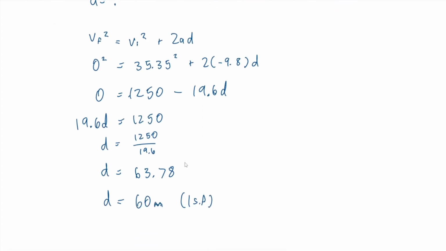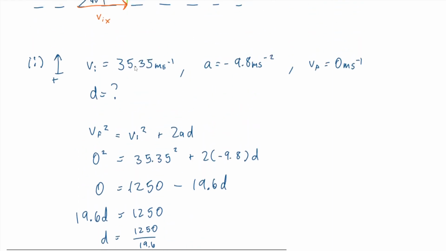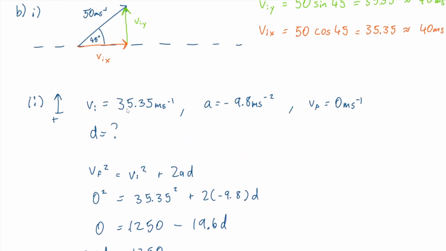So the rocket reached a maximum height of close to 60 meters, based off of its initial vertical velocity, acceleration due to gravity, and that we know the final velocity is 0 meters per second.